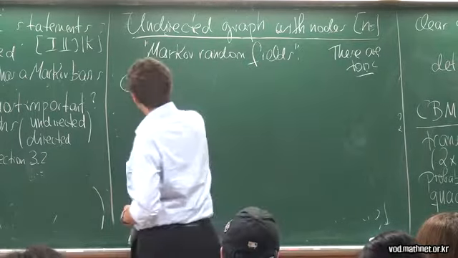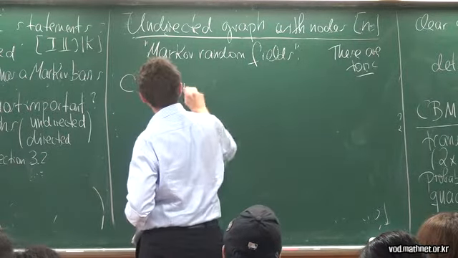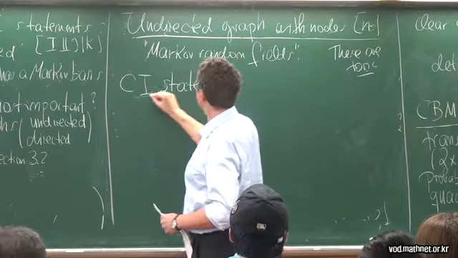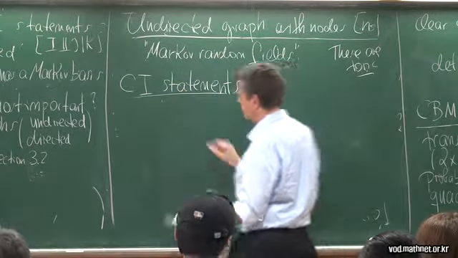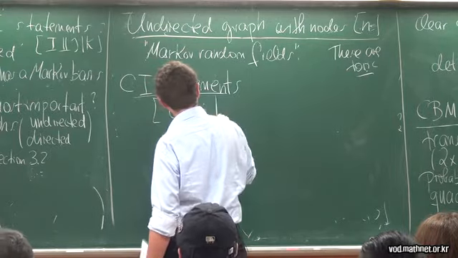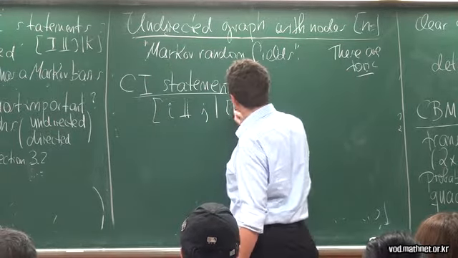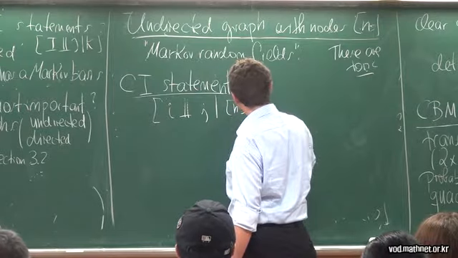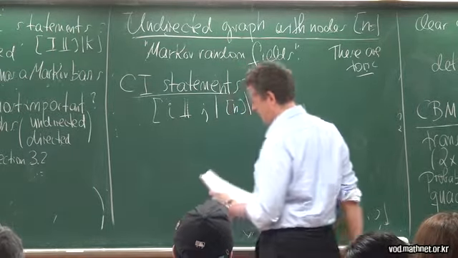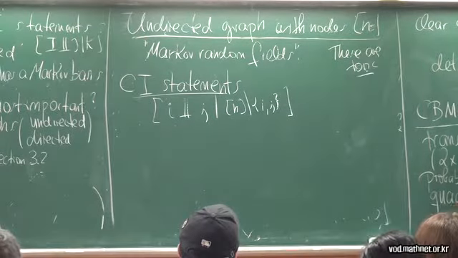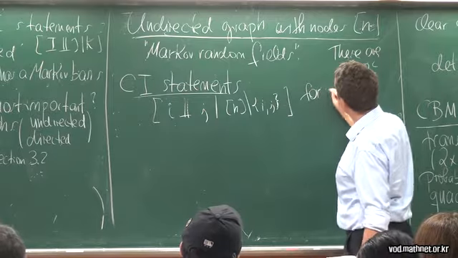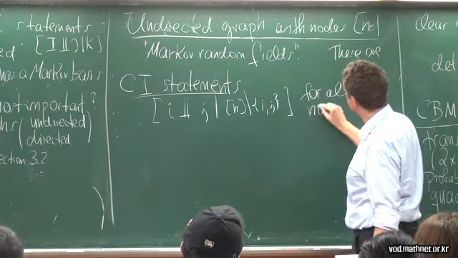And the statements that we read off from a graph, they're like this. The most basic version of the conditional independence statements is you take a singleton I and a singleton J, and these two singletons are independent, conditioned on everybody else. So I is independent of J given the entire complement, and you require this for all non-edges.